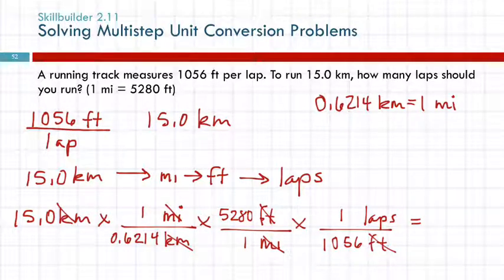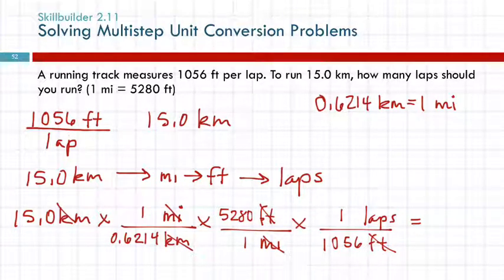You don't have to write down intermediate numbers. Every time you write something down and punch it back into your calculator, you have an opportunity to make a mistake. It's better to just do it all together. So 15 times 1 divided by 0.6214 times 5280 divided by 1056 equals.